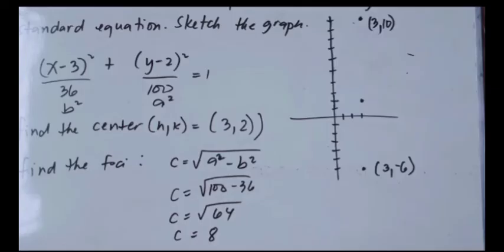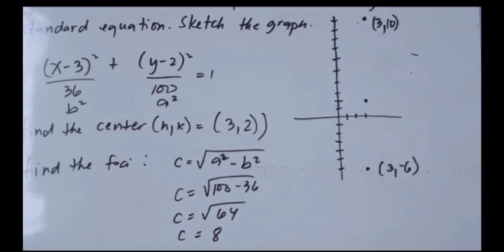After finding the foci, we can now locate them in our Cartesian plane. Knowing that the figure of our ellipse is vertical, our foci lie along the major axis, the longer axis. Since our ellipse is vertical, we count 8 units above the center: 1, 2, 3, 4, 5, 6, 7, 8. That is at coordinates (3, 10).